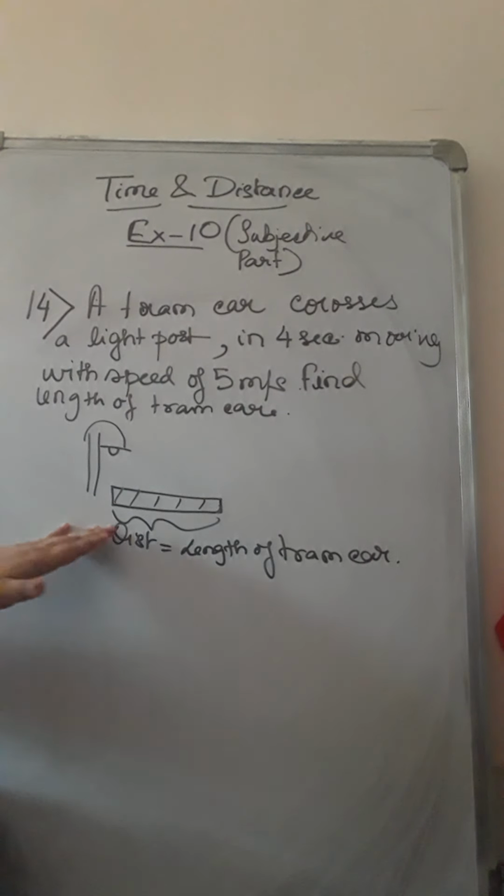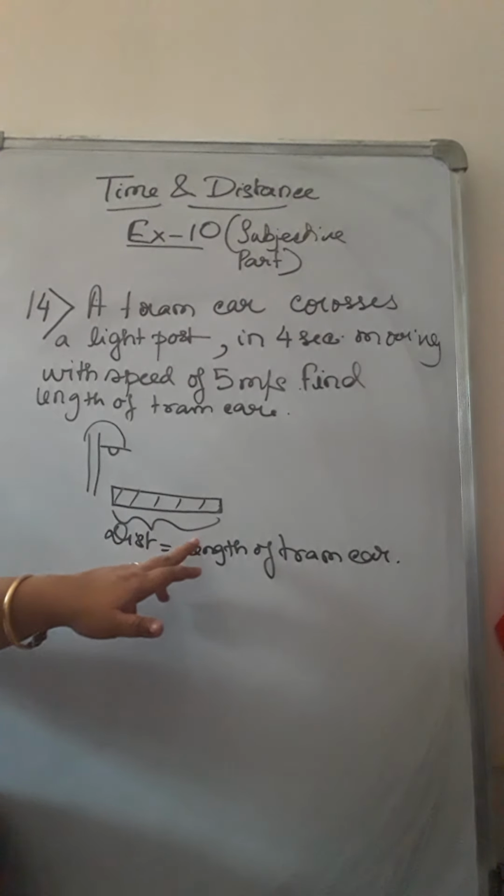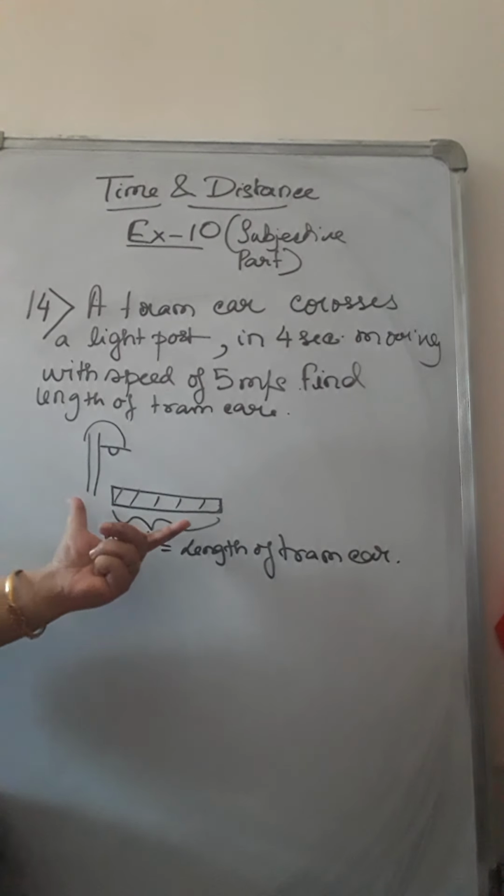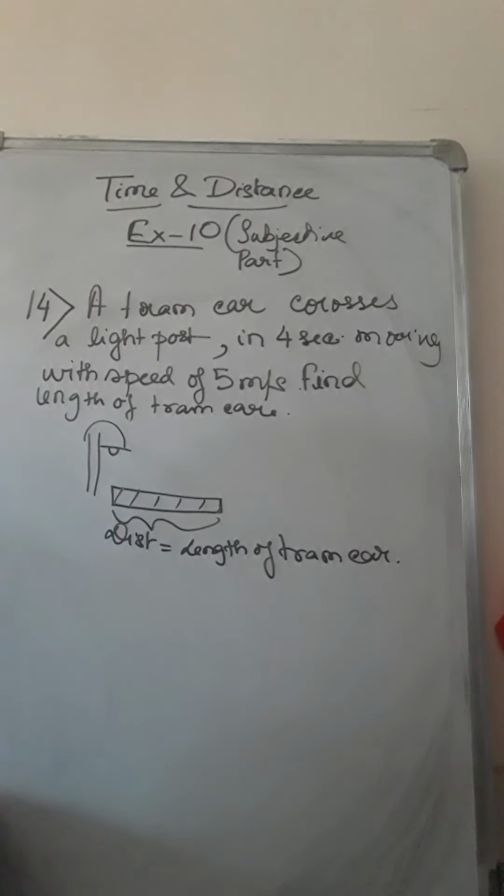The distance travelled in order to cross the light post by the tram car is equal to the total length of the tram car. And the time taken to cross is given.